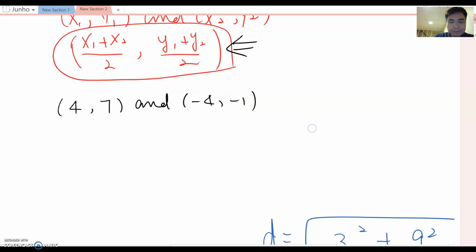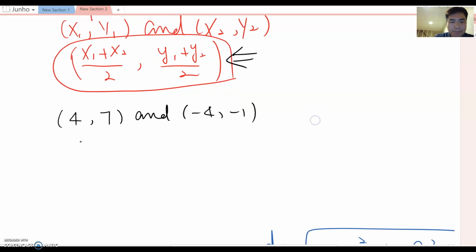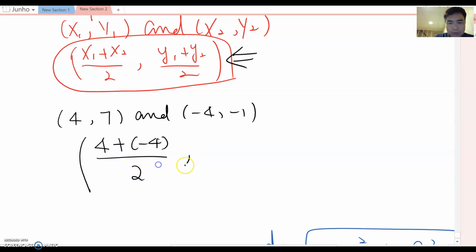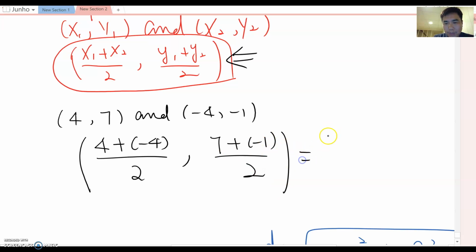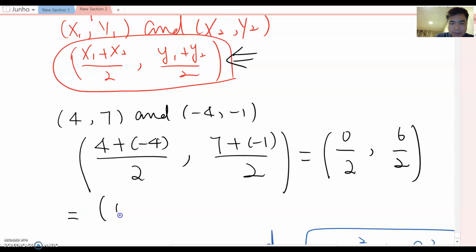So it becomes 4 plus negative 4 over 2, and then 7 plus negative 1 over 2. Therefore, the midpoint becomes 0 over 2, 6 over 2. So the answer becomes 0, 3 here.